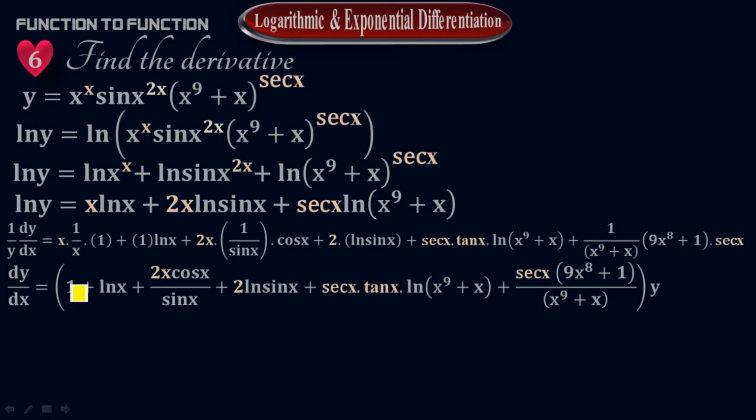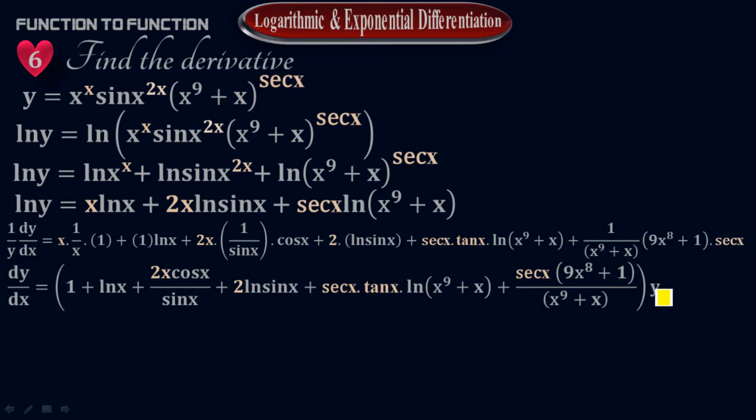I will be left only with a 1 here, and natural log of x times 1 is natural log x, and then 2x times cos x over sin x will be 2x cot x, plus 2 into natural log of sin x will be 2 times natural log of sin x, plus secant x into tangent x into natural log of x to the 9 plus x here, and then plus there's a product here in the numerator, so it will be secant x into 9 times x to the 8 plus 1, over x to the 9 plus x, into y. This y comes from the denominator here.